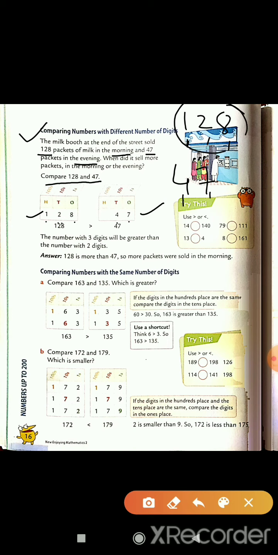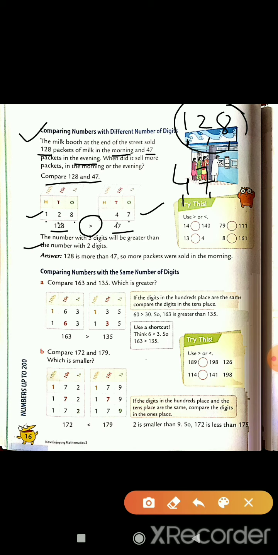So 128 is greater than 47. 128 is greater than 47 because 128 is having 3 digits and 47 is having 2 digits. The number with 3 digits will be greater than the number with 2 digits.